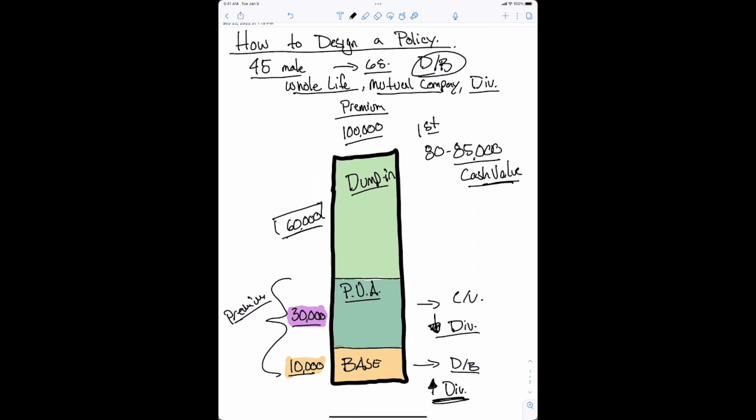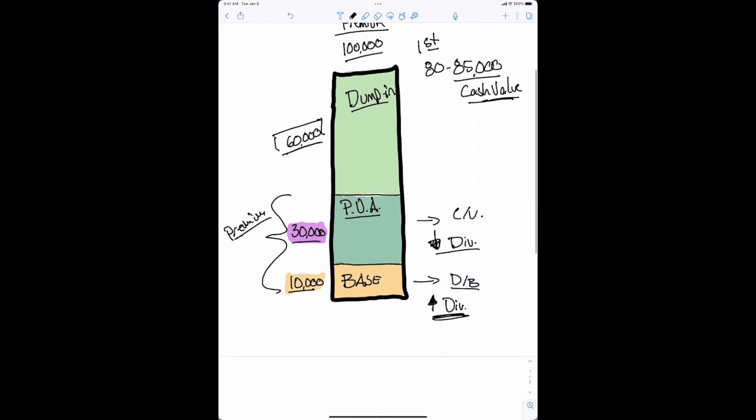So typically what I like to see, and this is kind of like a rule of thumb, typically you want to see around 60% of PUA and then 40% base. This will give you a good amount of upfront cash in the PUAs, and the base then gives you the long-term dividend growth, which will help you get set up for retirement years.